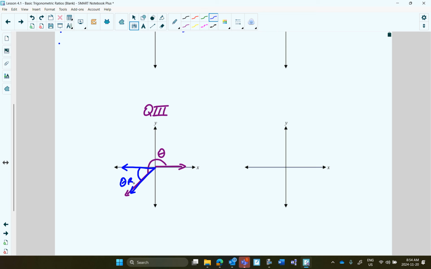So if I'm asked to find the reference angle, so if I'm given the original angle, say an angle between 180 and 270, 200. So let's say this is 200. How would I find this? Take the theta and minus 180, right? So subtract this portion away and you'll be left with the reference angle. So take the theta and minus 180 degrees.